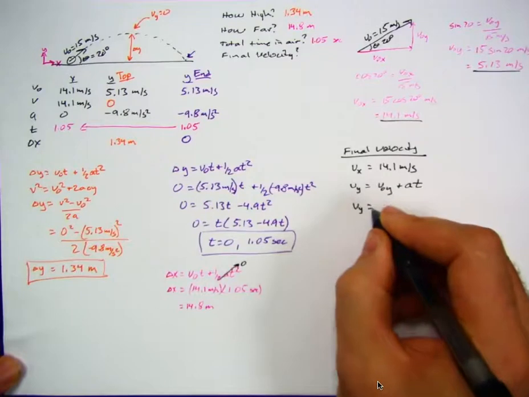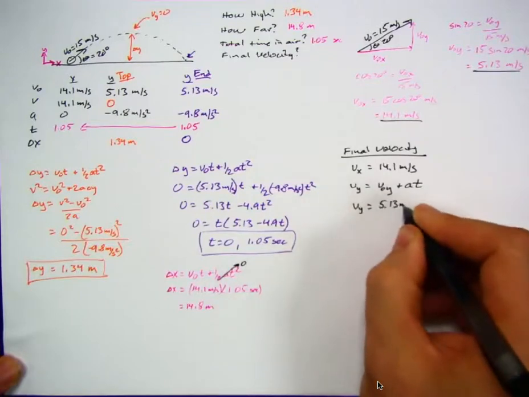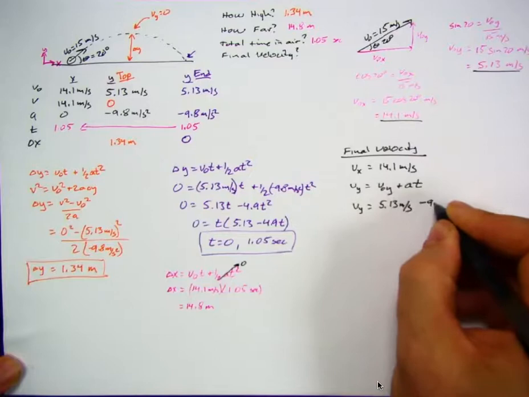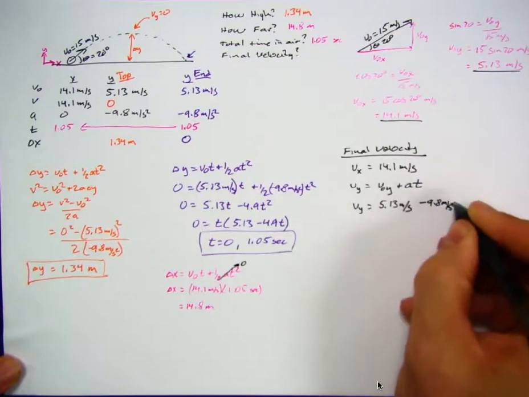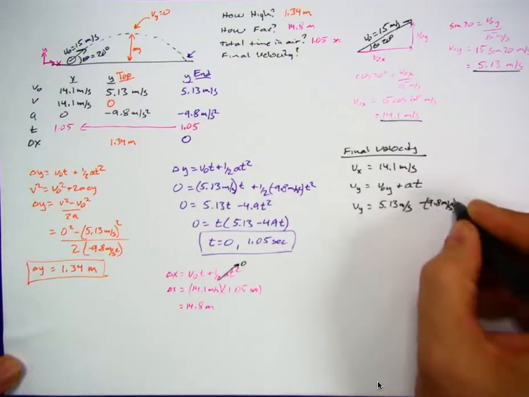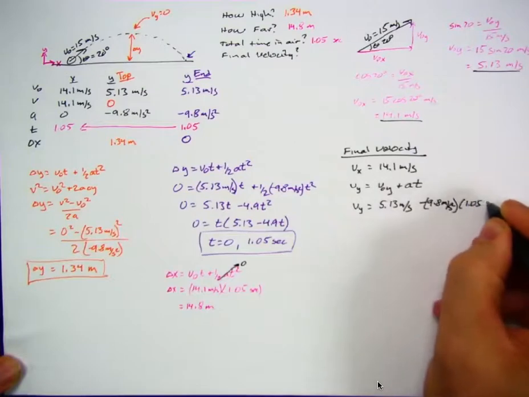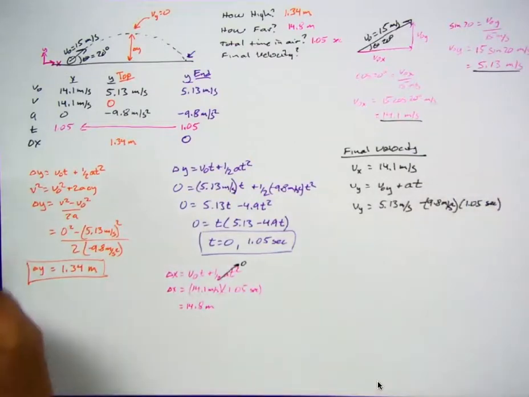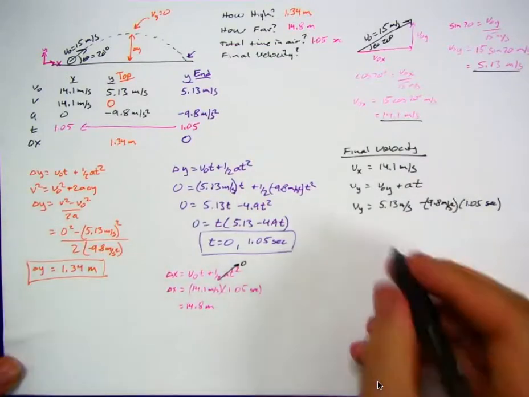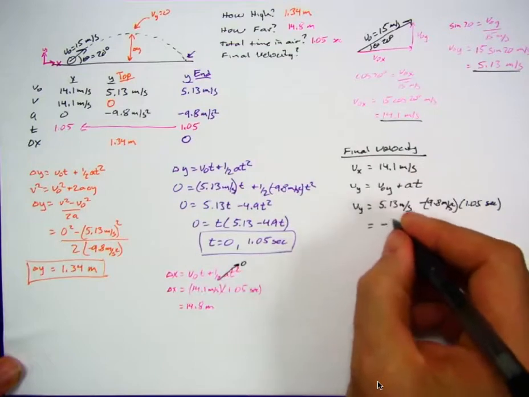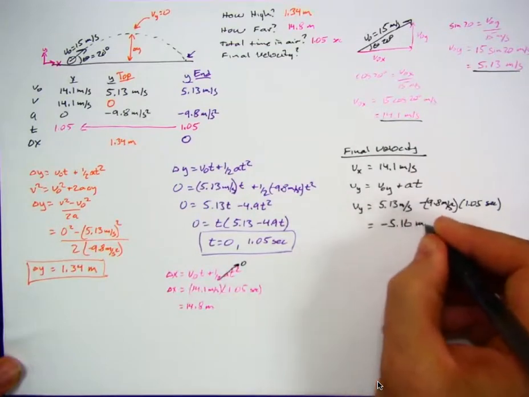So v in y is going to equal 5.13 meters per second minus 9.8 meters per second squared times time, which is still 1.05 seconds, and we end up with 9.8 times 1.05, and then we get 10.29, and we have 5.13 minus 10.29, and we end up with Vy is equal to negative 5.16 meters per second.